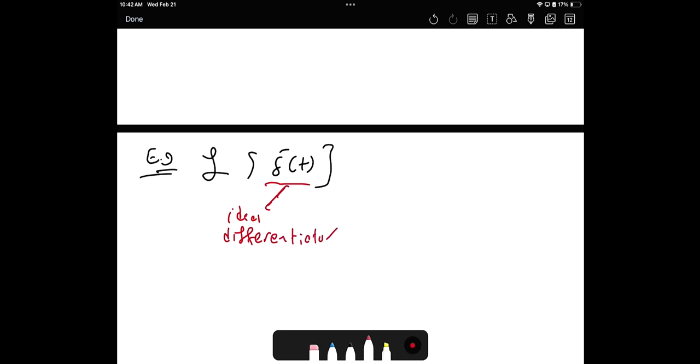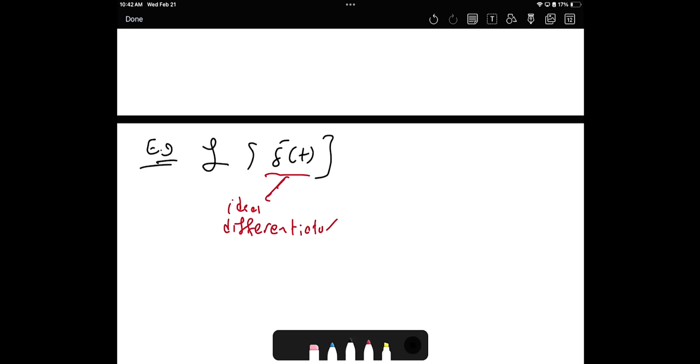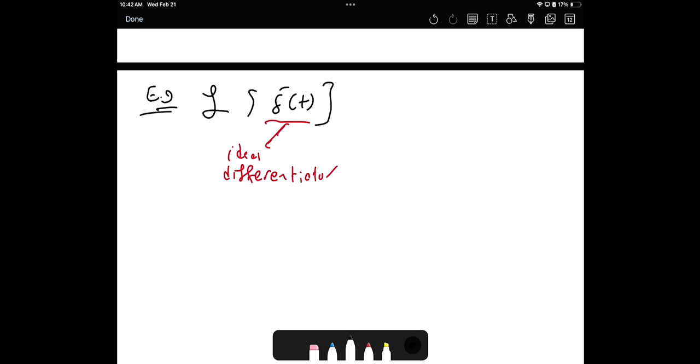Now let's see this ideal differentiator. How will it be in the Laplace domain? Basically, since it's a derivative, it will be s X of s minus x of 0, right?